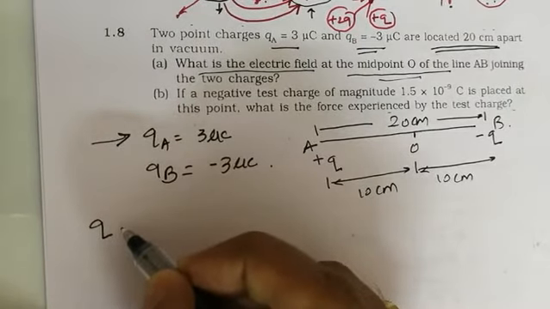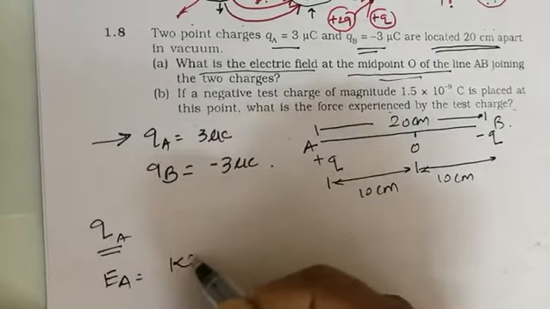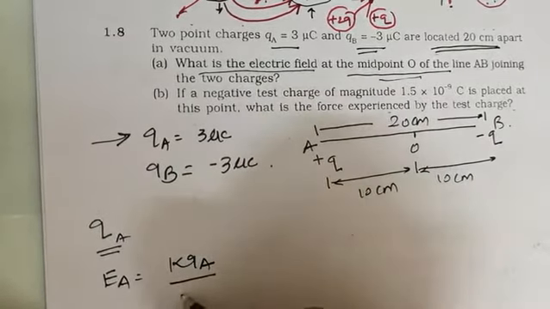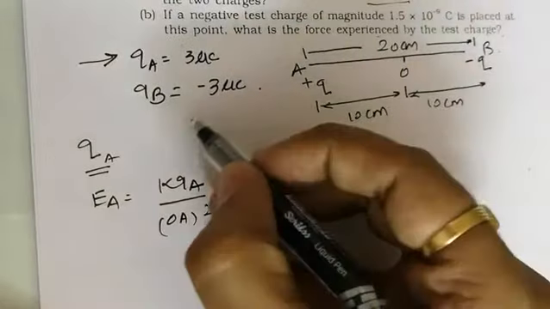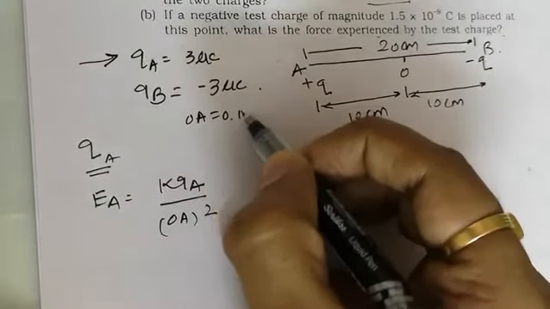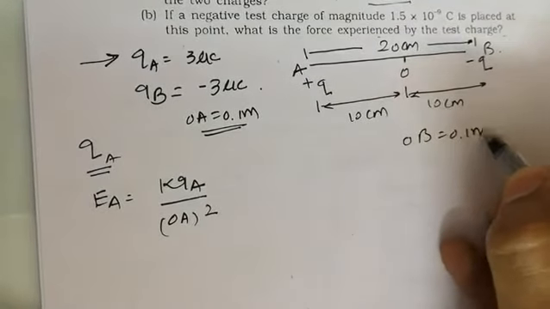I am using the electric field for A. So E of A would be k QA divided by OA square, OA being from the midpoint. I am mentioning OA is 0.1 meter. The same is the case, OB equals 0.1 meter.